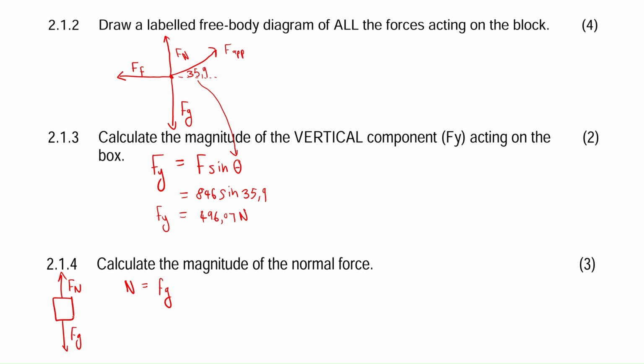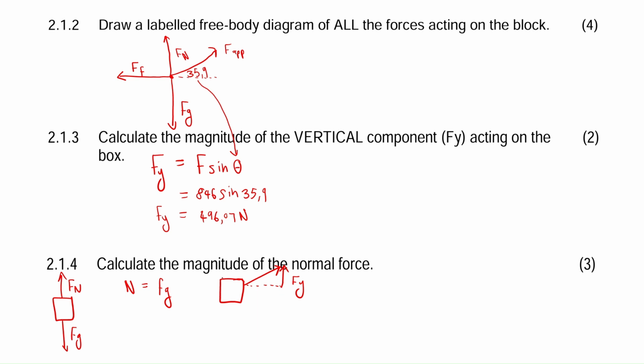That's when we have a block that's got nothing else occurring on it. But in this case, we actually have a block with an angled force going upwards. That means that we have an Fy component that occurs on the box as well. And that factors into calculating the normal force. And I'll show you guys right now how that works.